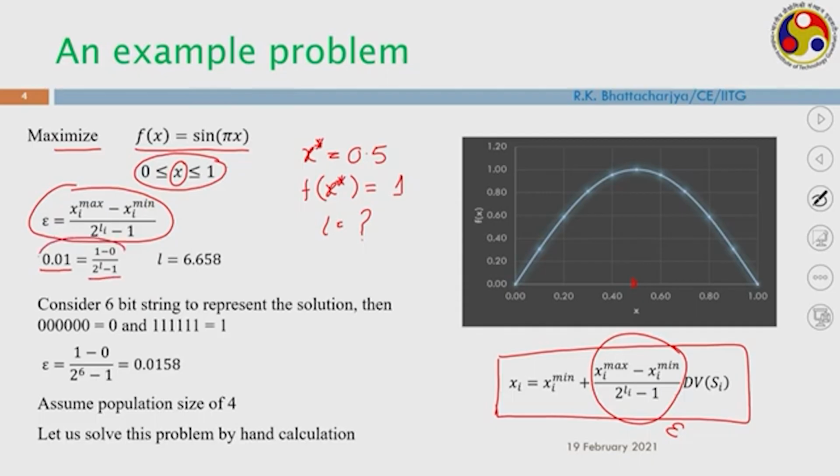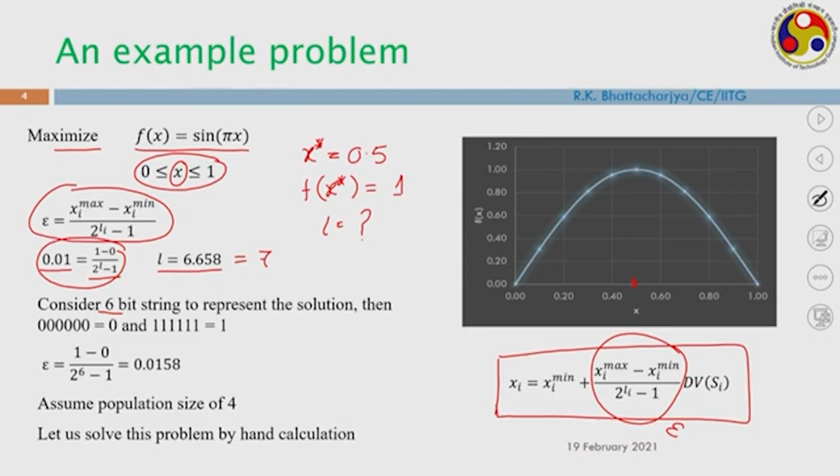If I solve it for L, I am getting L equal to 6.658. So, that means to get a precision of 0.01, the string length should be 6.65. So, you cannot use 6.65, you have to use 7. In that case, your precision will be a little bit more than 0.01. But here, because this is a hand calculation, if the string length is more, then it will be a little bit complicated. So, what I have done, I have considered a 6-bit string. Okay.